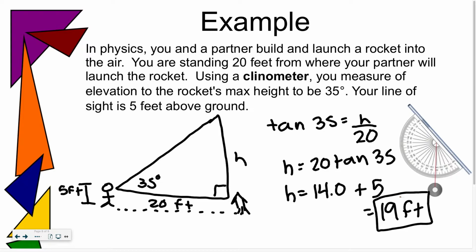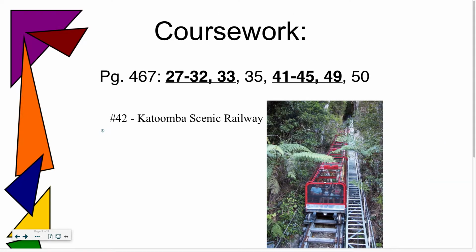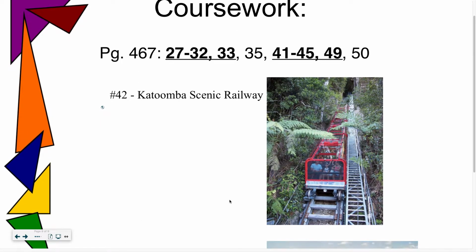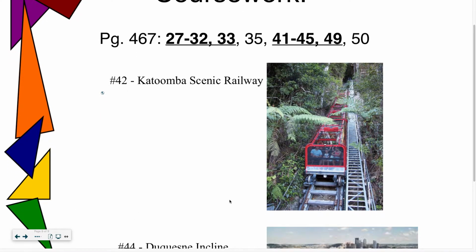Okay, here's your homework assignment. I think 27 to 32 is just calculator, and then 33 is maybe a find-the-error problem, and then there's some word problems there.